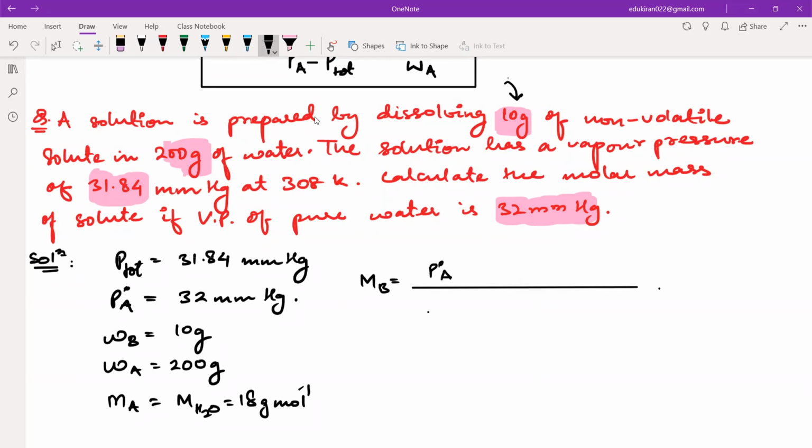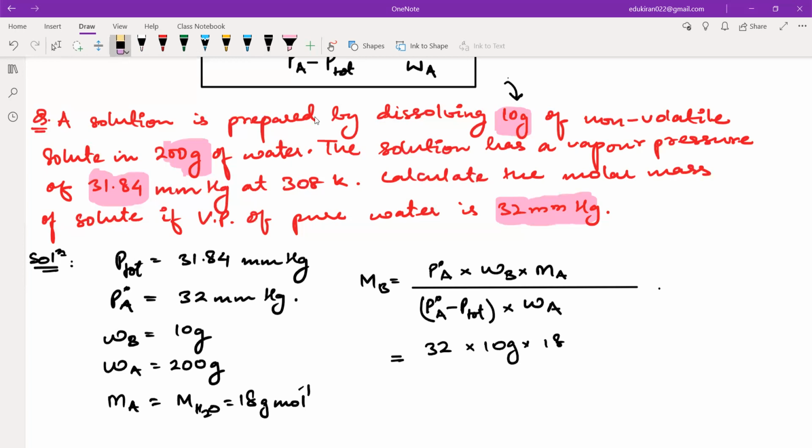MB will be equal to P naught A into WB into MA divided by P naught A minus P total multiplied by WA. So P naught A is 32, into WB is how much? 10 grams. MA is equal to how much? 18.